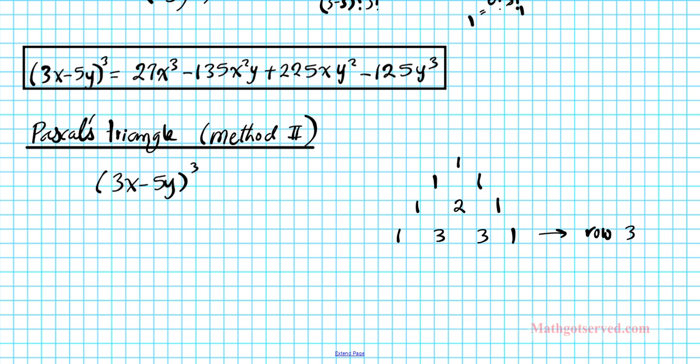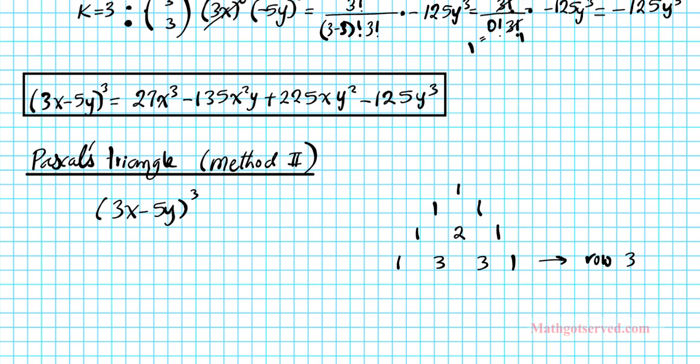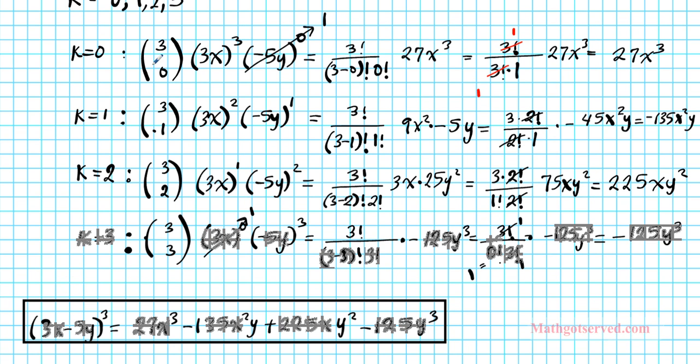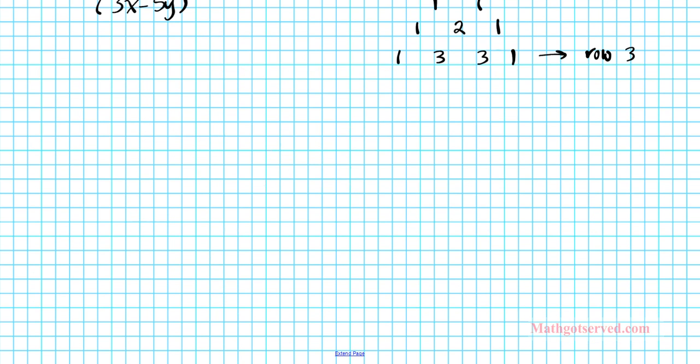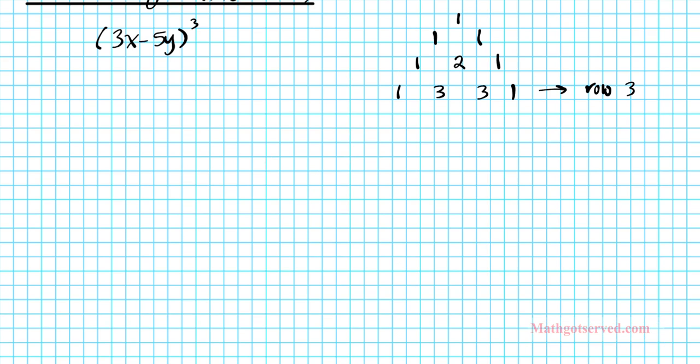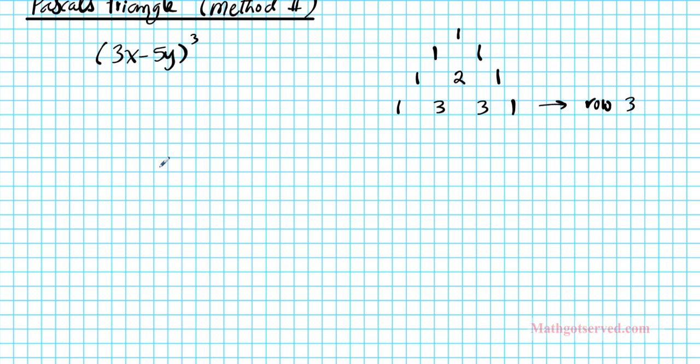All right, so what this row does is it basically generates the output of these computations right here. You see all this work we're doing over here? This Pascal's triangle does exactly the same thing, but it does it easier. So let's stack up the terms of the third row of Pascal's triangle: 1, 3, 3, 1 in order.